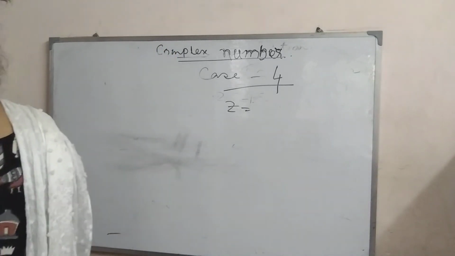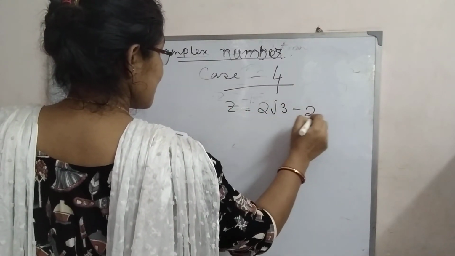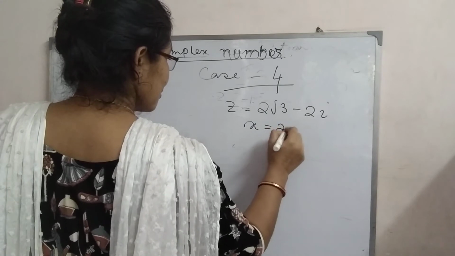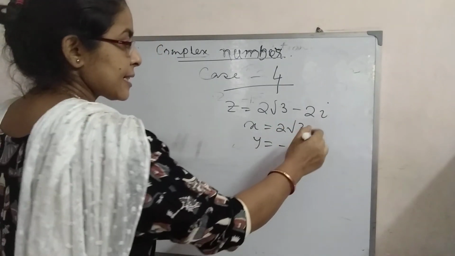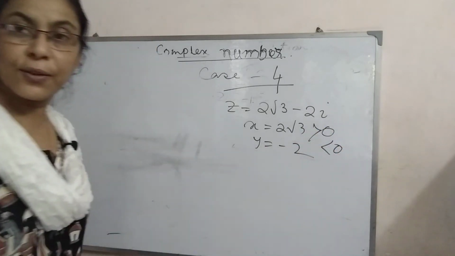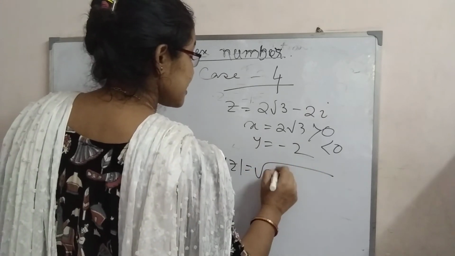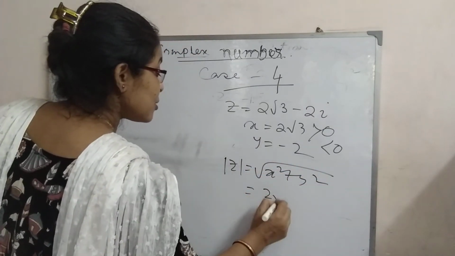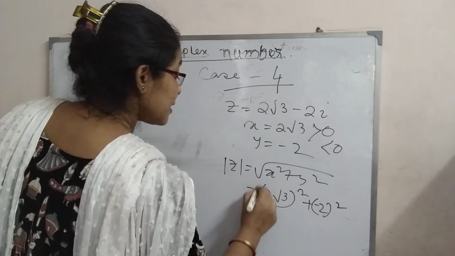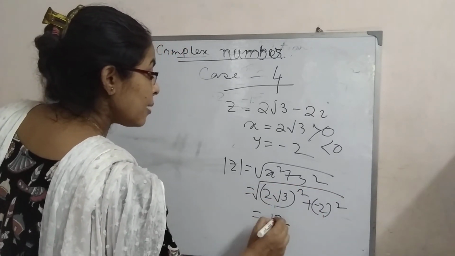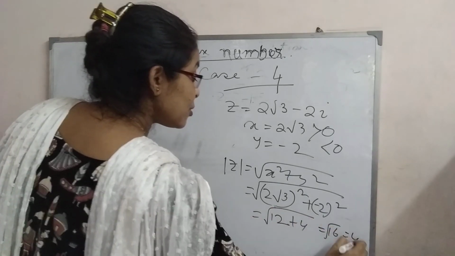If z equals 2 root 3 minus 2i, then x equals 2 root 3 and y equals minus 2. That means x is greater than 0 and y is less than 0. Here mod z equals root over x square plus y square, which is root of 2 root 3 whole square plus minus 2 square. This is equal to 12 plus 4, that is 16, that is equal to 4.